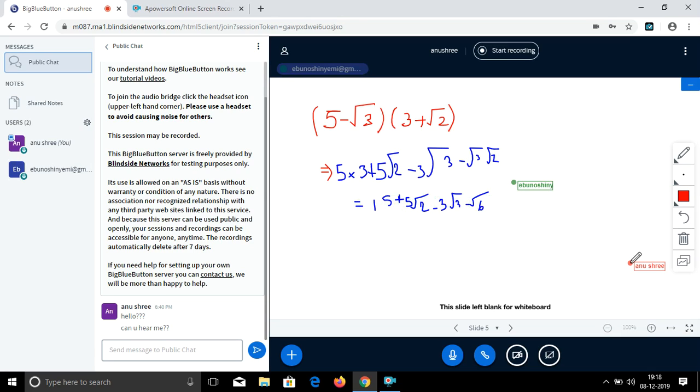Okay. So it's 5 into 3, 15, then 5 root 2 minus 3 root 3 minus root 6. That's correct.